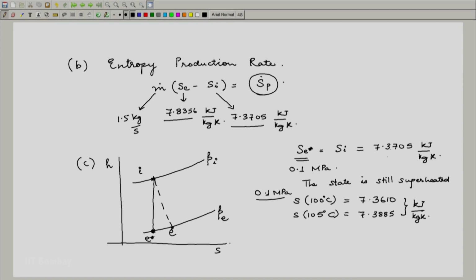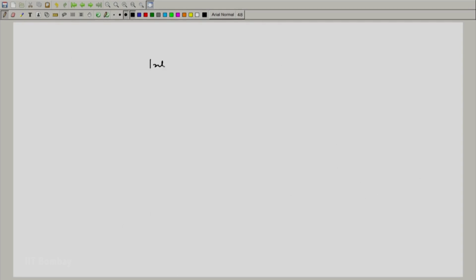And our state 7.37 falls in between. You realize that the temperature is somewhere between 100 and 105 degrees centigrade. If you interpolate it, it will come out to be 101.73 degrees centigrade.